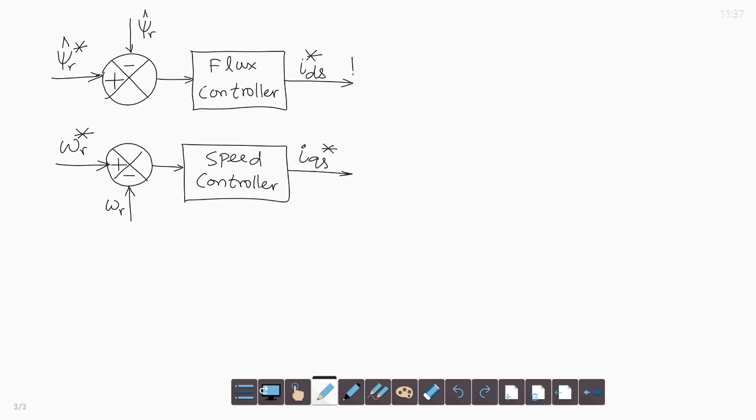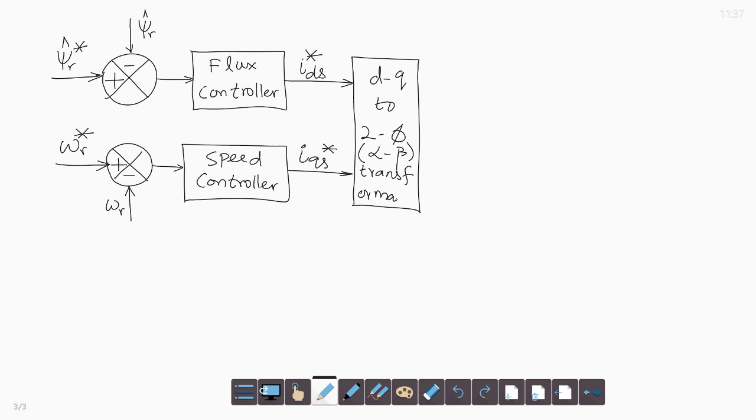So, from this IDS star and IQS star, we have the DQ to 2 phase. DQ is DC. So, DQ to 2 phase alpha beta transformation. And after the transformation, we get the stationary reference frame components.